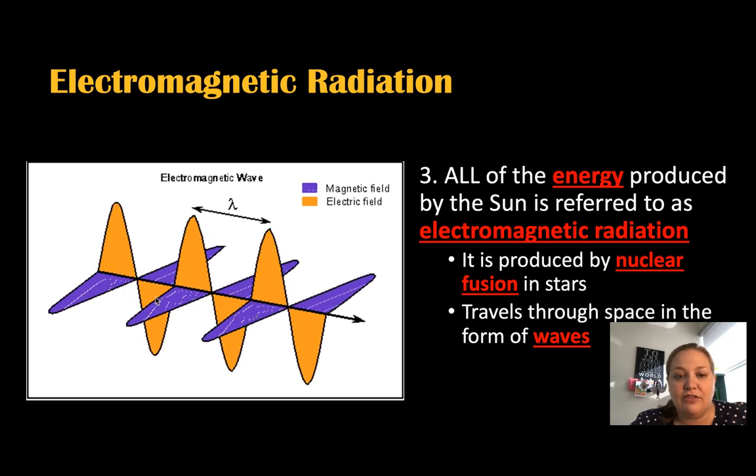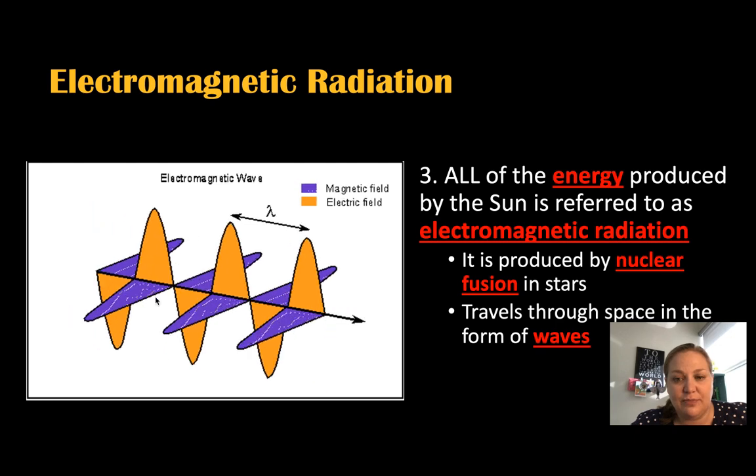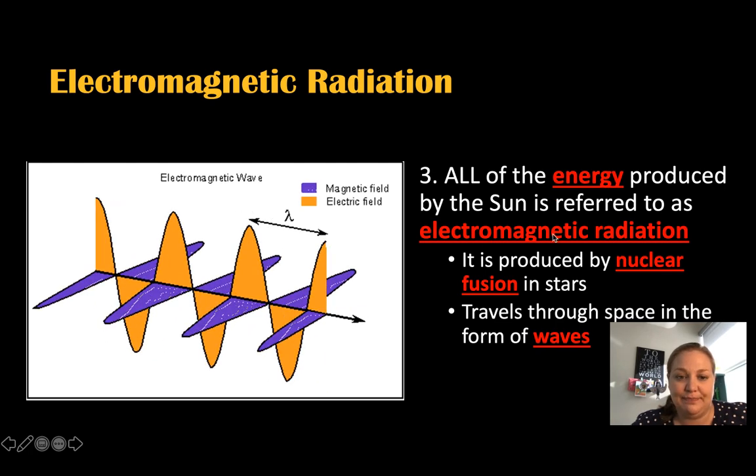So you have an animation here, and you can see that we call it electromagnetic radiation because it has properties in both the electric field as well as the magnetic field. So you can see that we have both of those words here in electromagnetic radiation.